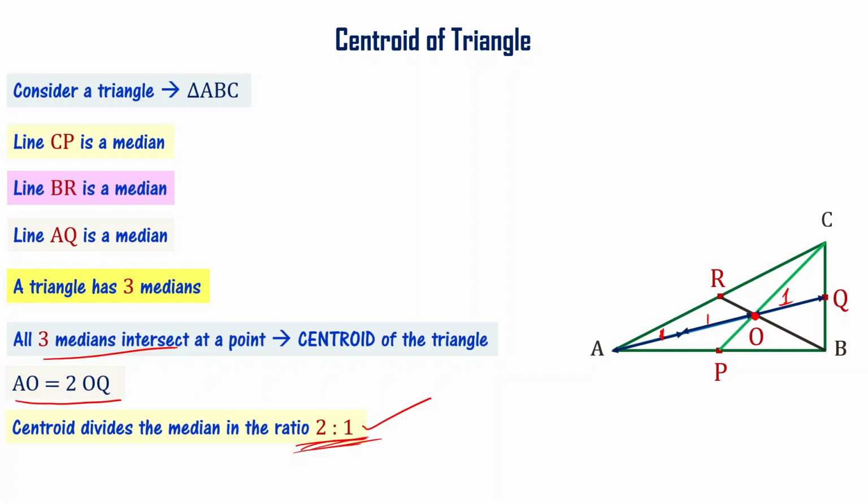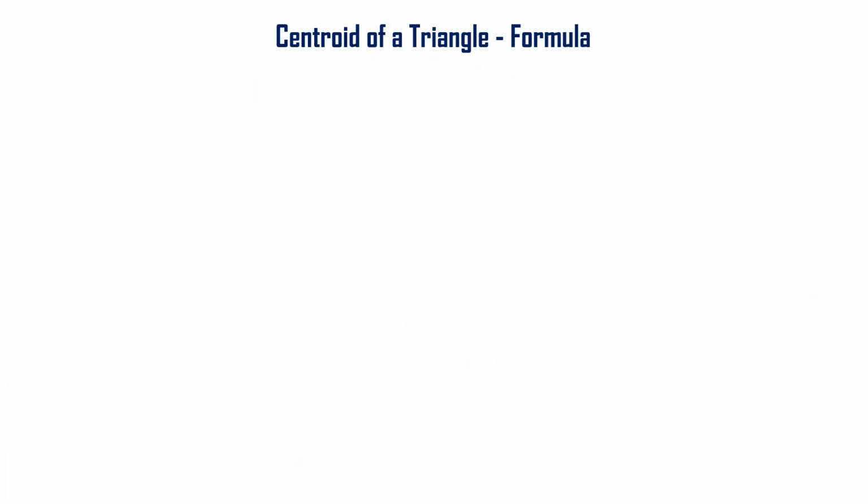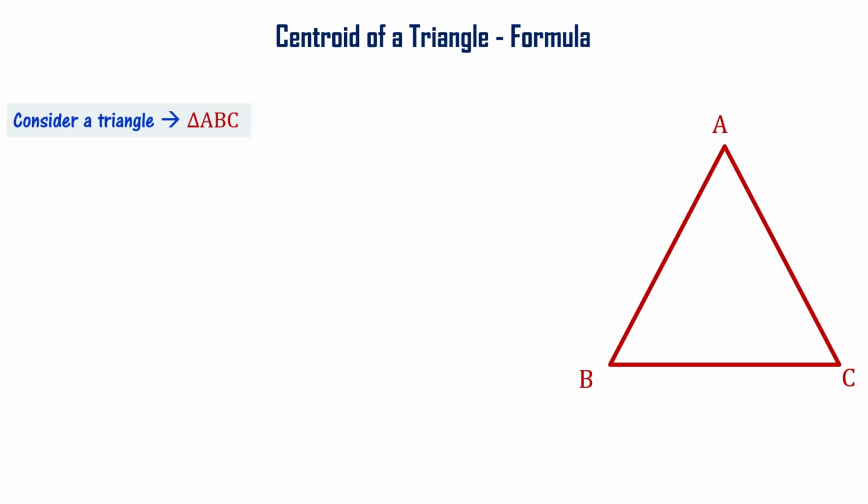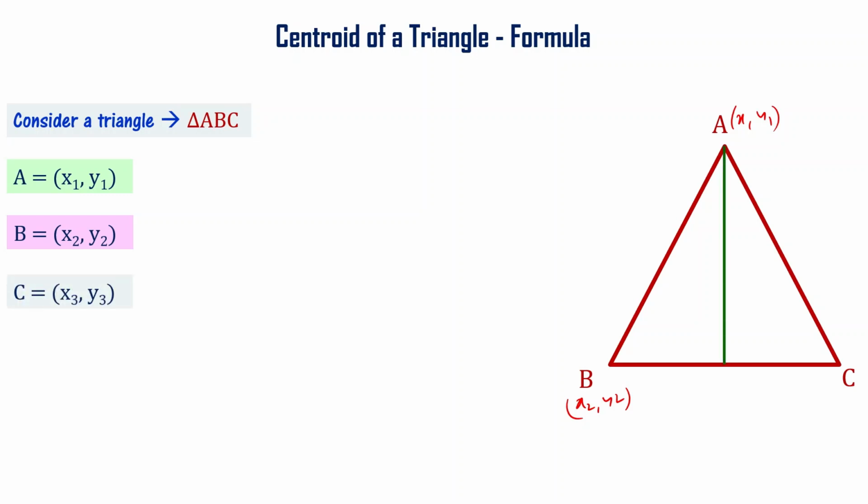Now let's find the formula for centroid of a triangle. Let us consider a triangle ABC. As seen earlier, we can draw medians for this triangle, right? Let's say coordinates of A are x1 comma y1, B is x2 comma y2, and C is x3 comma y3.